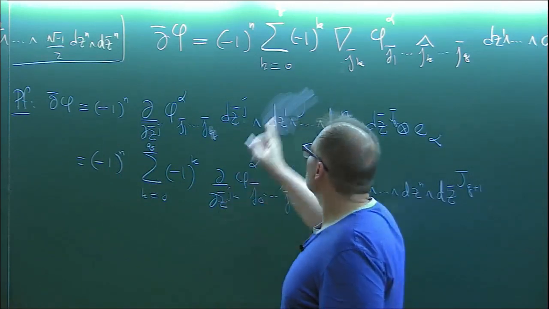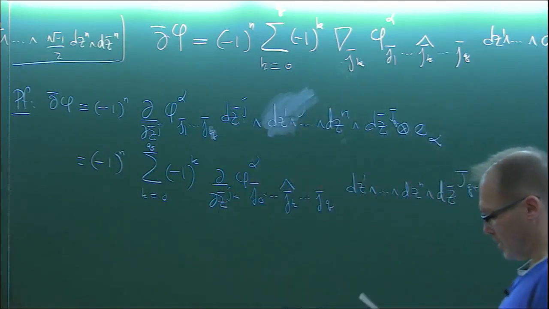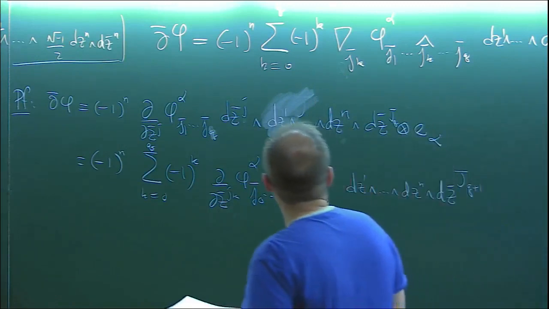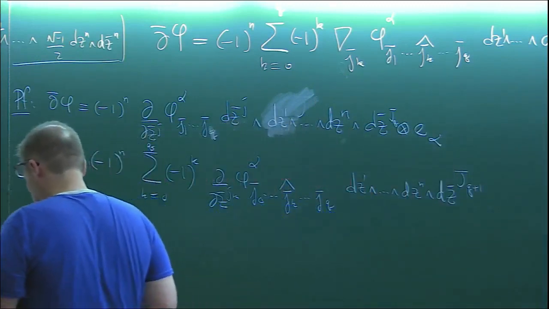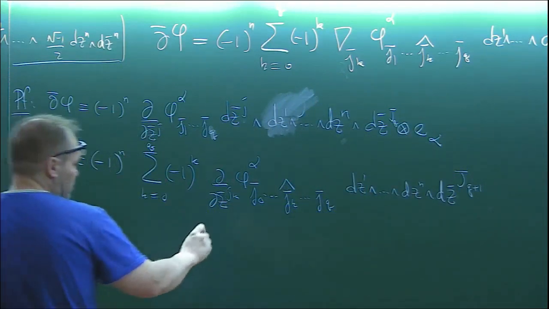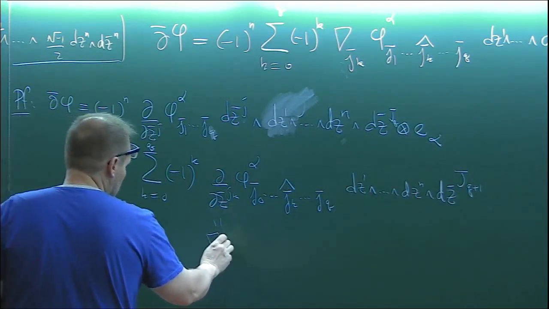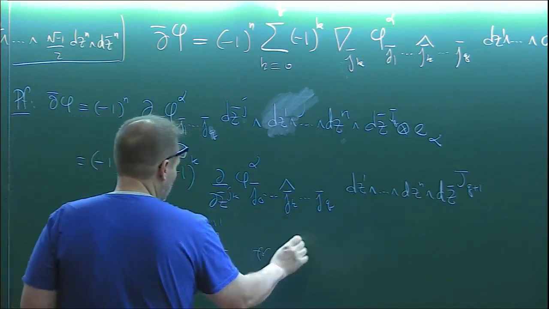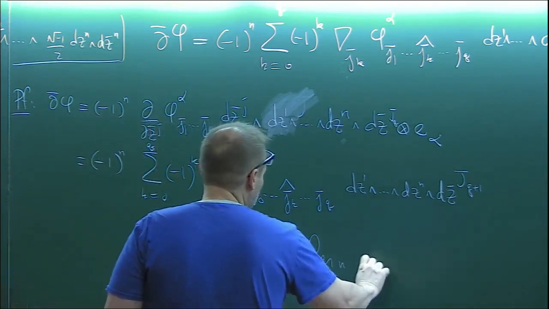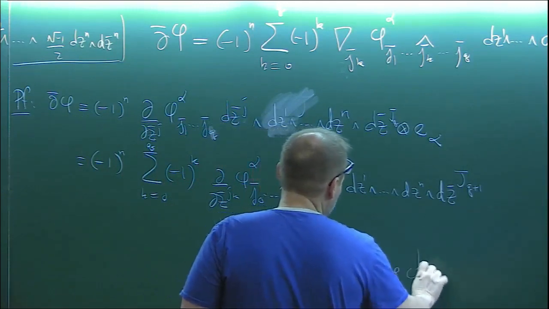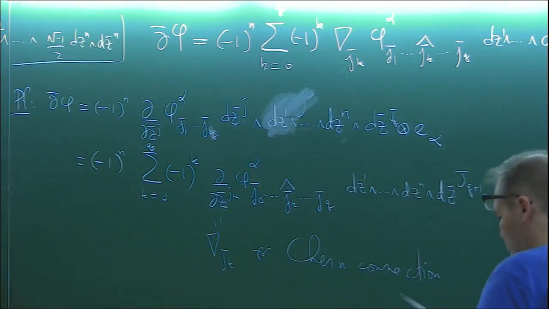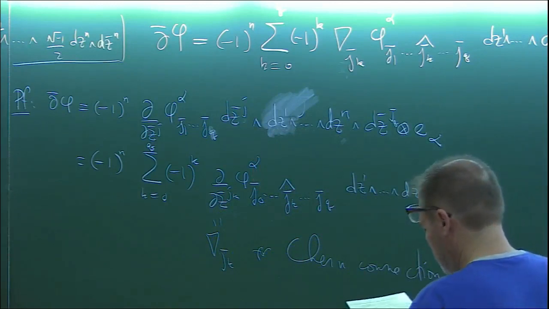So that's how you get this formula. This is equal to nabla j bar k for Chern connection. Okay, good. So far, so good.